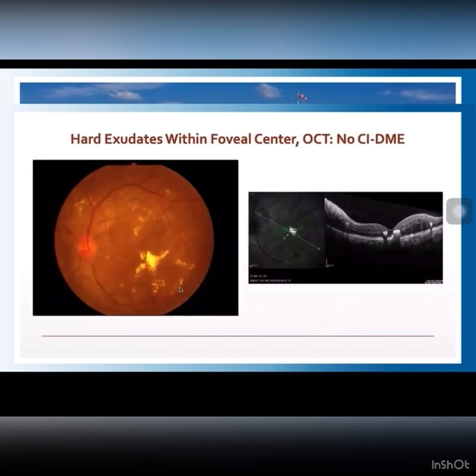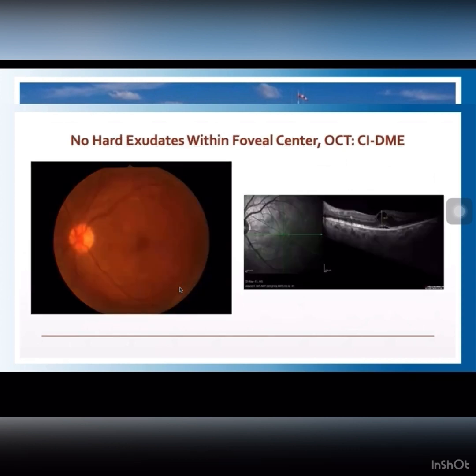However, we often encounter cases like this, where there are hard exudates at the macula on retinal photographs, but the corresponding OCT did not show center-involved diabetic macular edema. On the other hand, there are cases with hard exudates at the macula where OCT may show center-involved diabetic macular edema, just like in this case.